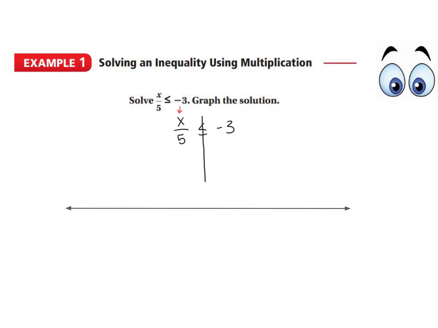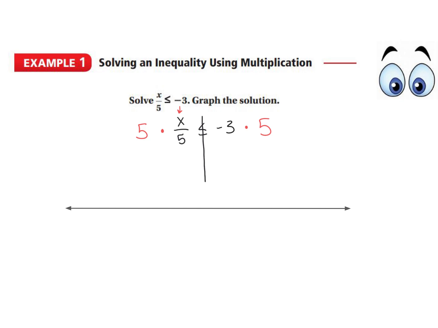Currently, I see that x is being divided by 5. When I see x is being divided by 5, I think, well, the opposite of division is multiplying. So I'm going to multiply by what's on the bottom, in this case 5. Now, it is important that you check: is the number I'm multiplying or dividing by positive or negative this time?